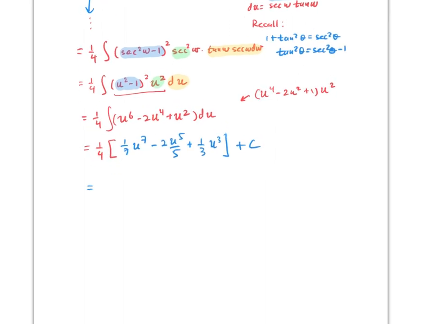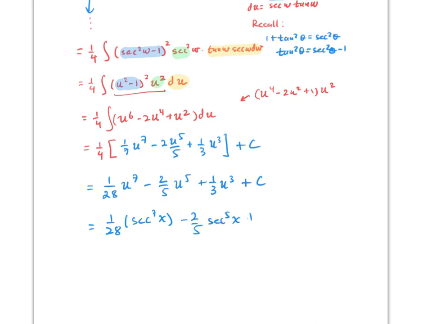So then finally this will be 1/28 u to the 7 minus 2/5 u to the 5th plus 1/3 u cubed plus c. But remember, u was equal to secant, so this is secant to the 7th of x minus 2/5 secant to the 5th plus 1/3 secant cubed plus c.